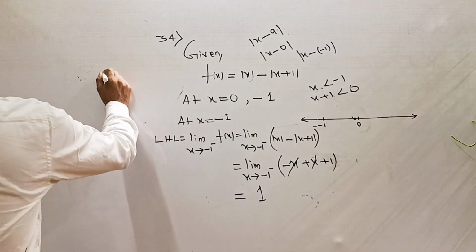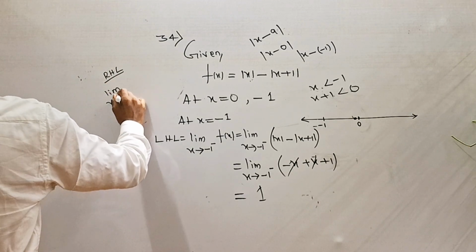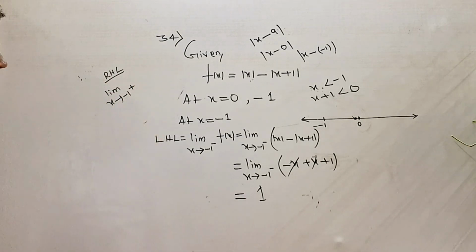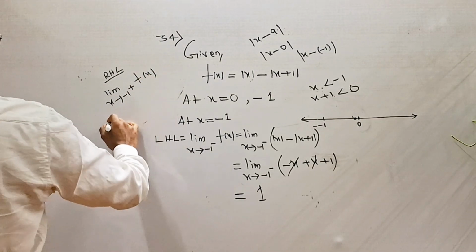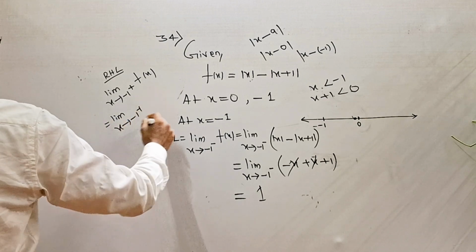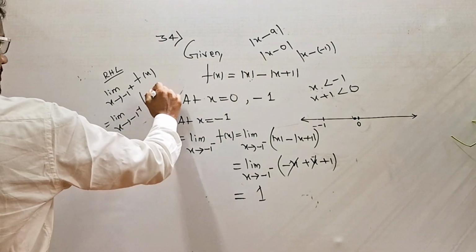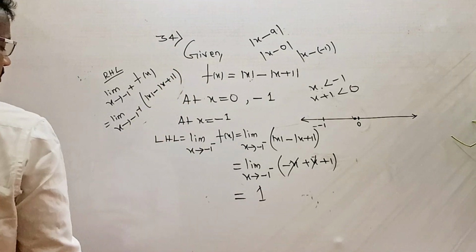Now see the right hand limit. Right hand limit is what? Limit x tends to negative 1 positive. So in that case, f of x is modulus x minus modulus of x plus 1.